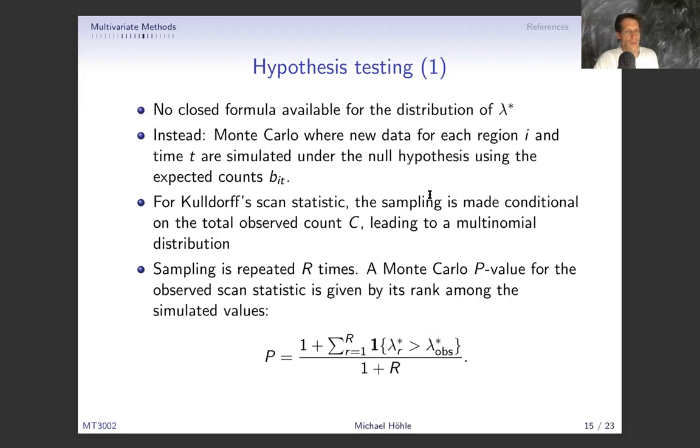Since it's all Poisson random variables, if you condition on the total count, so capital Y is equal to capital C, which is the observed total count, then you can quickly draw values from this distribution under the null hypothesis by simply using a multinomial distribution where these expected values enter, right? So it's simply distributed according to the multinomial, how many counts fall within each space-time block.